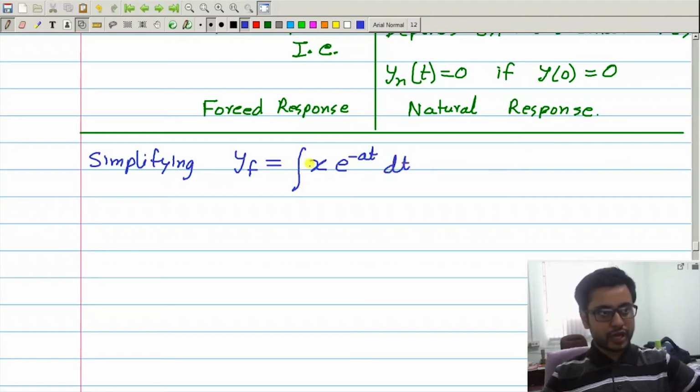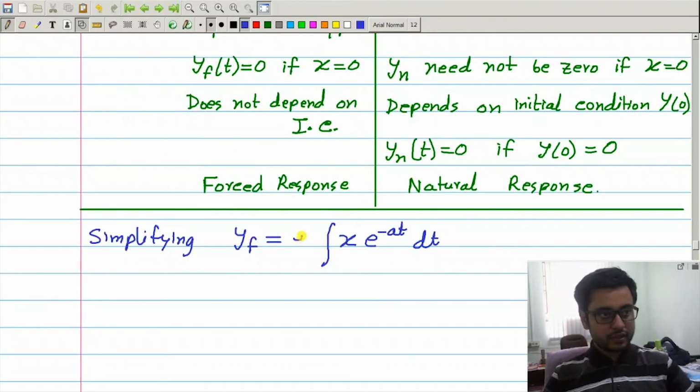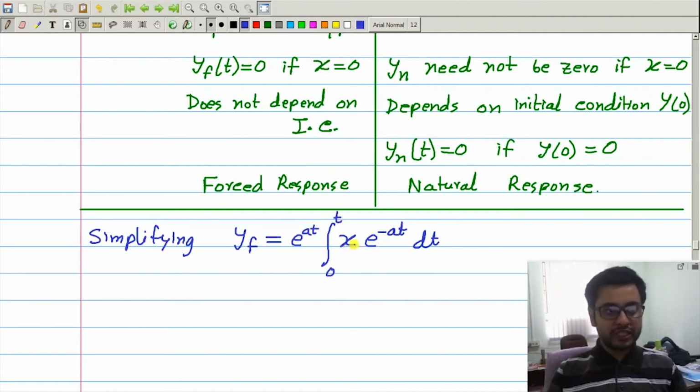And we also have e to the power at here. Now to simplify this, we need to know the input x, the functional form of the input. We shall assume the input to be of the following form.